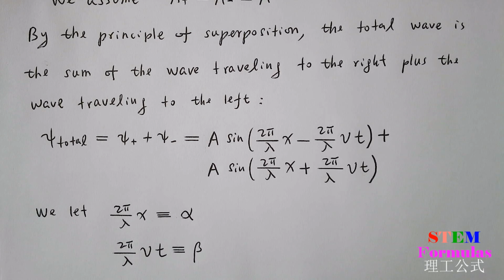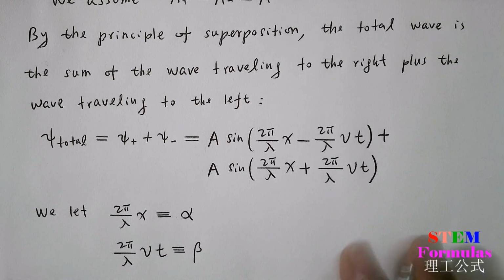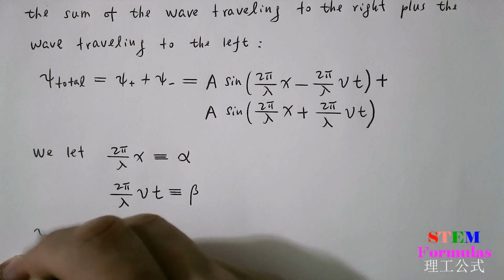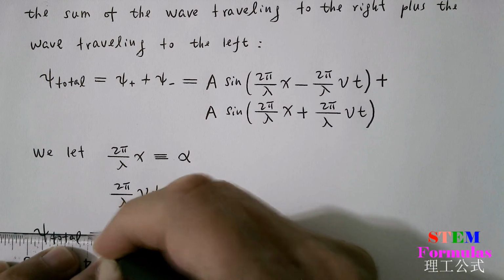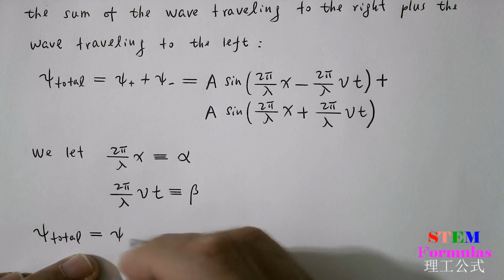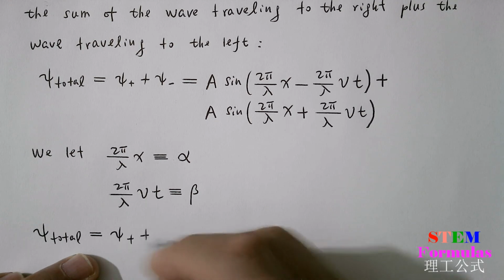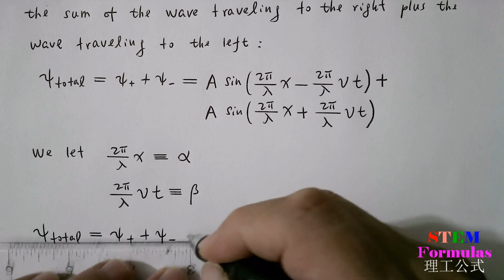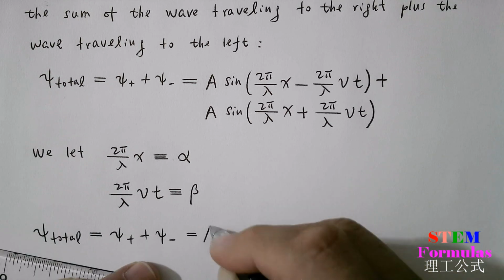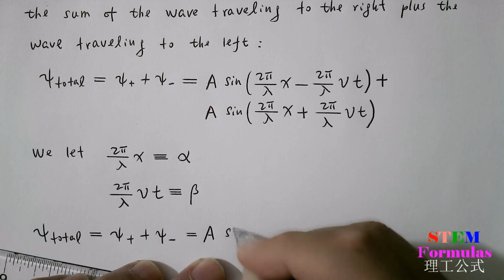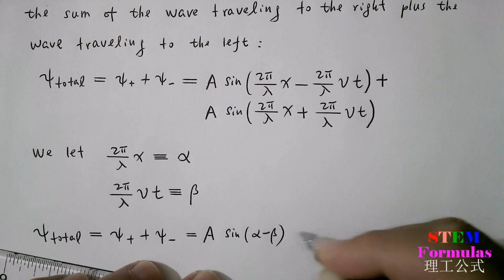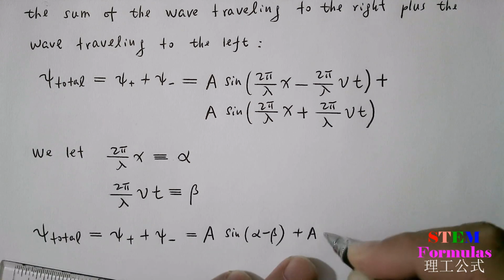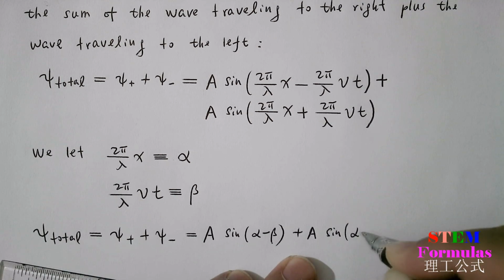Therefore psi total equals psi plus plus psi minus, which equals A sine of alpha minus beta plus A sine of alpha plus beta.